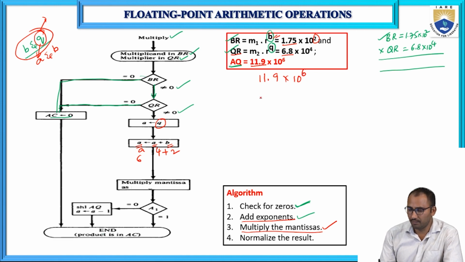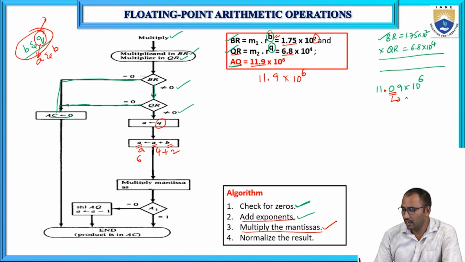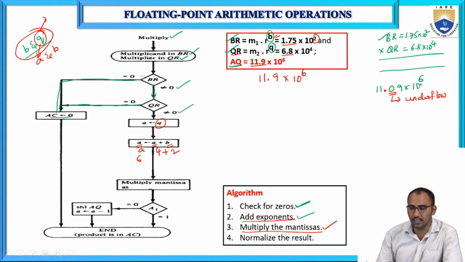Let us assume the result is like 11.09 into 10 power 6. See here, after the decimal point we have a 0. That 0 means it is an underflow. If the result is like this, 11.09 into 10 power 6, it indicates that there is an underflow.